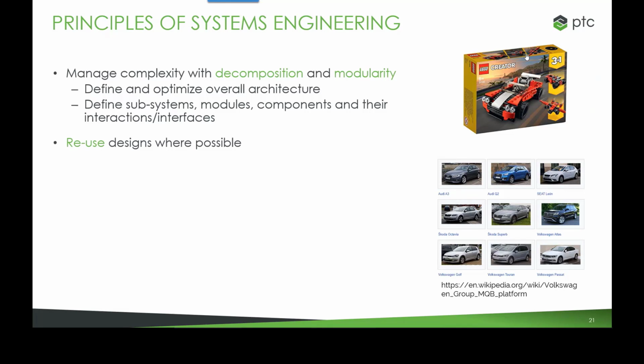Reuse designs where possible. This is a benefit and combines with modularity. The graphic shows Volkswagen's MQB platform that you probably are aware of, and this enables Volkswagen to create many different types of product offerings from the same base engineering solution. And it was configurable, so you could actually change the dimensions for smaller or longer wheelbases, and it would readjust its overall design architecture to support that.